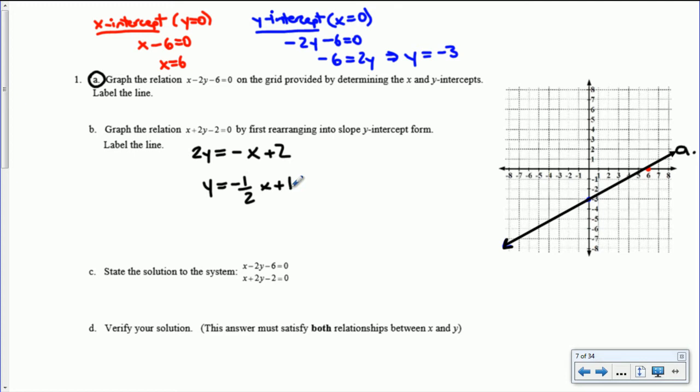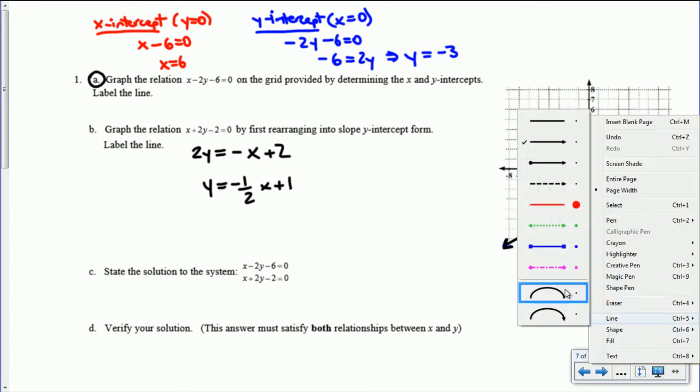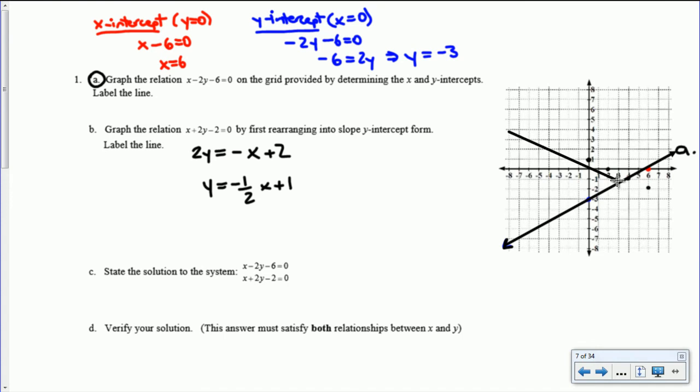Okay, so that's the y-intercept of B, and we have the slope as well. So the y-intercept is there. The next point we will have, we'll get by going down 1, right 2, and then down 1 and right 2, down 1, right 2, and so on. So let's draw that. So there's B.